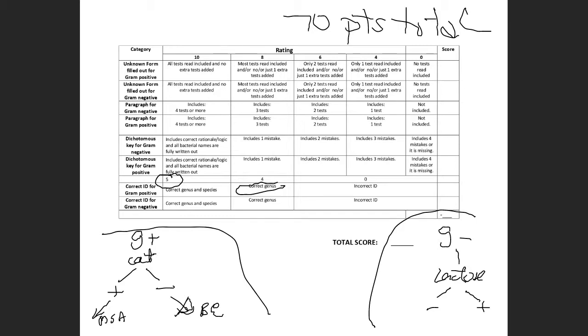You should not be abbreviating in a project that you're submitting, but students do things like this all the time. You get 4 points. And if you get an incorrect ID, you get 0 points out of 5. The same thing for the ID of the gram negative. Are there any questions?